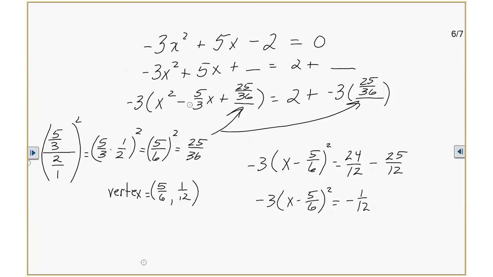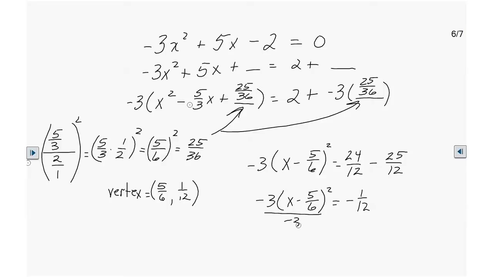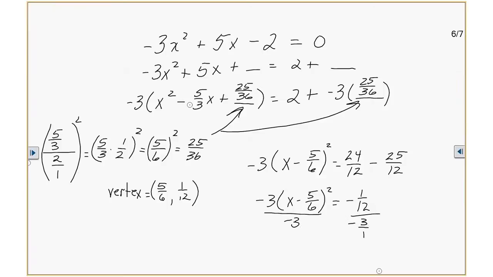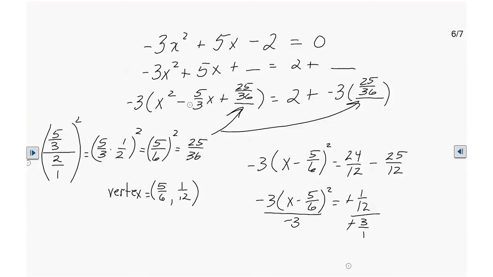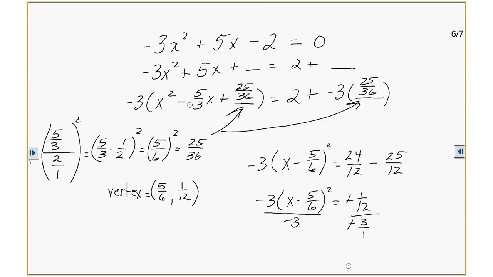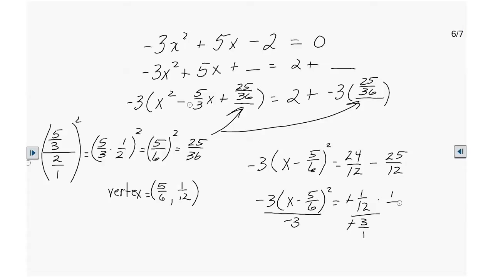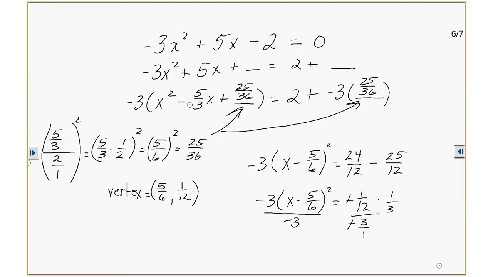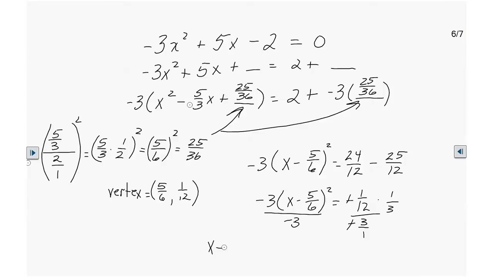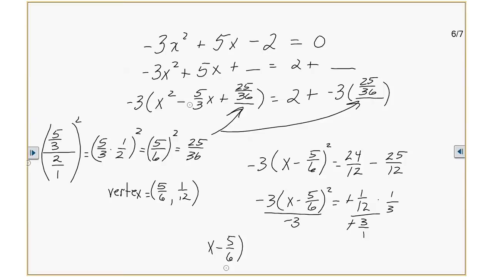And now we're going to solve for x. Divide by -3. Divide by -3 over 1. So these cancel. So I'm just going to cancel those out. And then multiply by 1 over 3. And that's going to give me 1/36. So x minus 5/6 quantity squared is equal to 1/36.